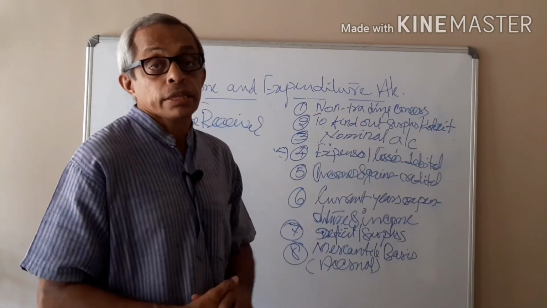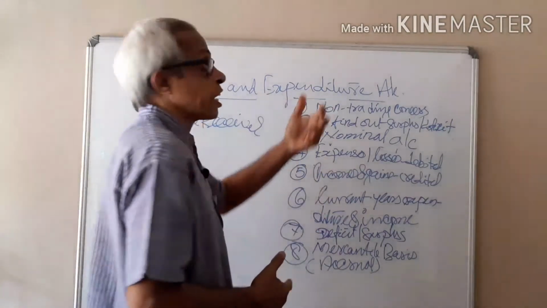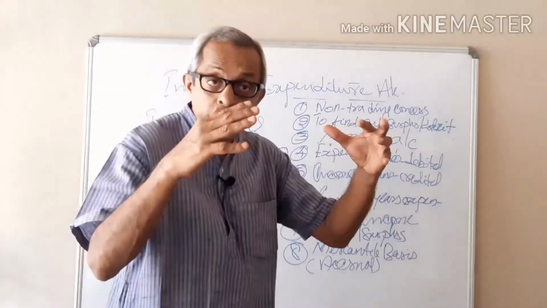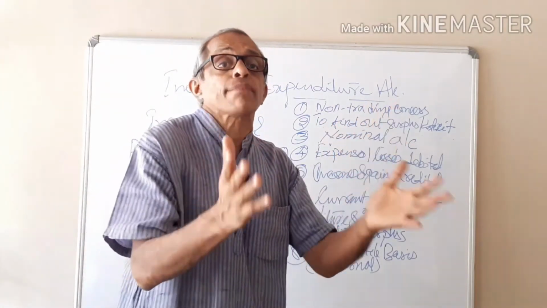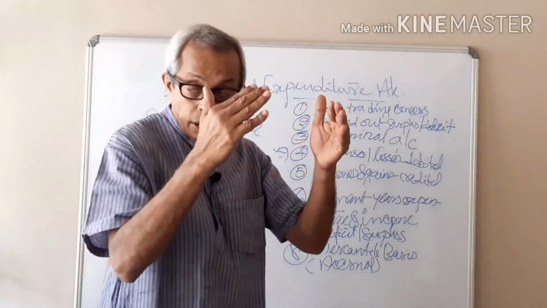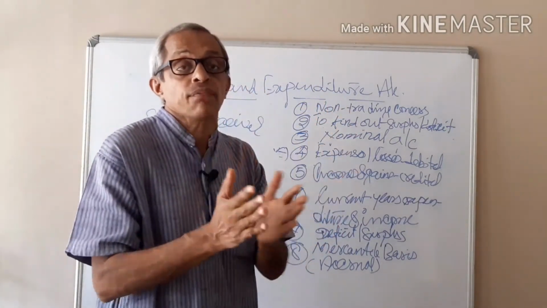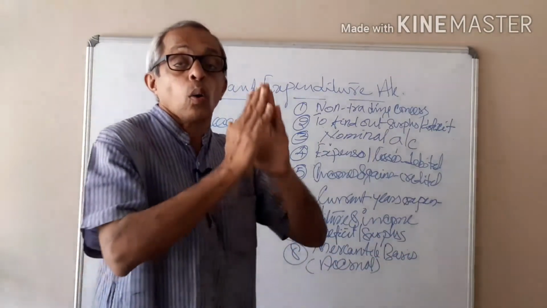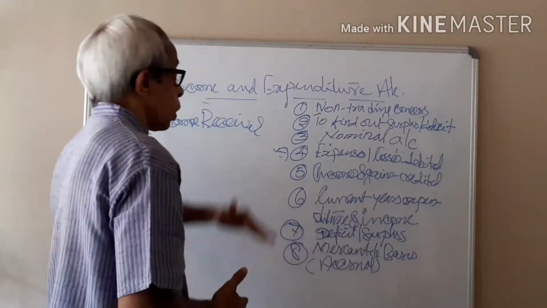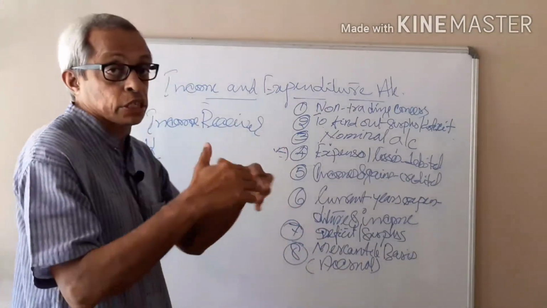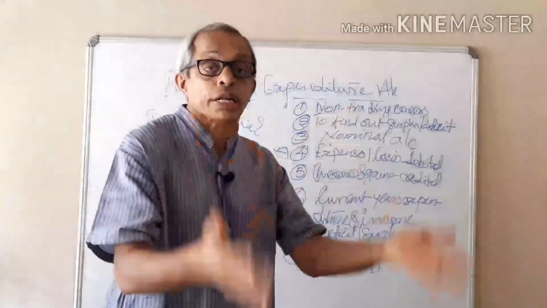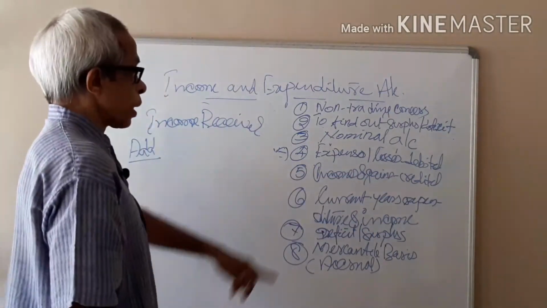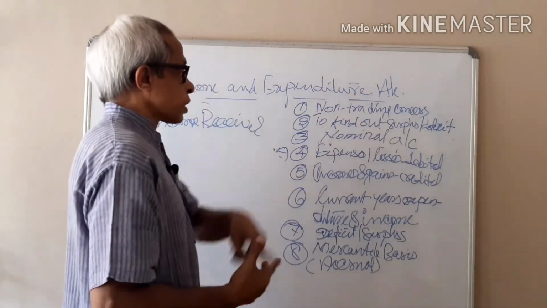And the method of preparing income and expenditure account is on accrual basis, because not the actual receipts or actual payments are recorded. We adjust outstanding figures, accrued figures, and prepaid figures. All these will be added to or adjusted to a particular expense account or income account, and then it is balanced. So it is prepared by non-trading concerns.